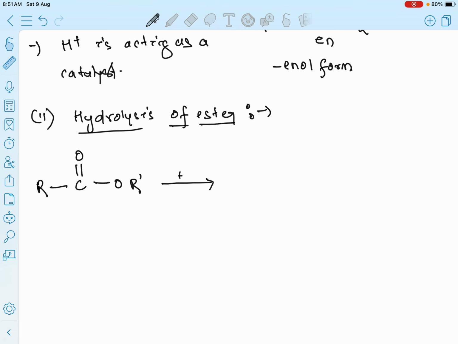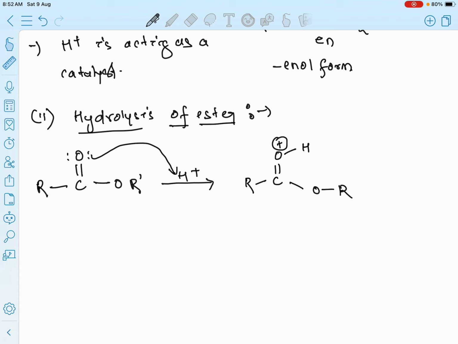Let us add some H plus to the solution containing the ester. So what will happen? There is a larger electron density over the oxygen atom. It will attract the H plus ion and the ester will be protonated.